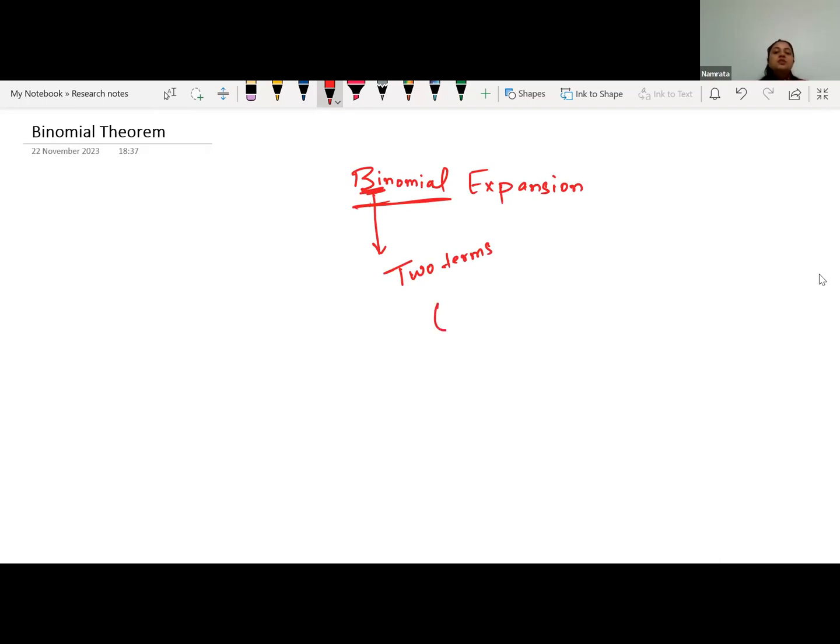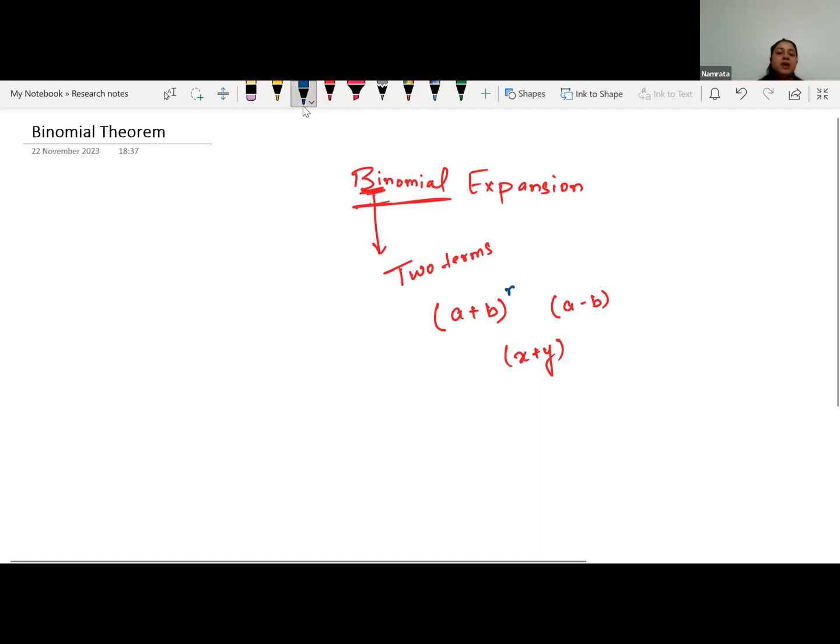So basically, two terms means our term will be like a plus b, or maybe a minus b, or maybe x plus y. Binomial terms will be there, and we are going to discuss the expansion of that.